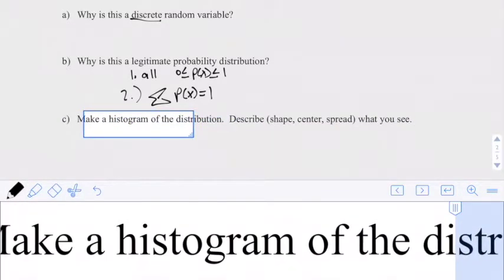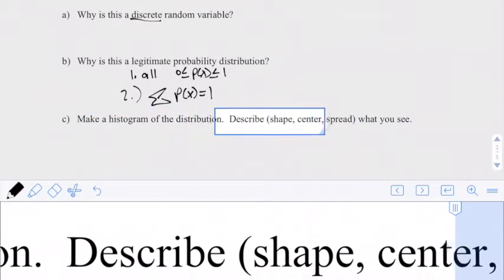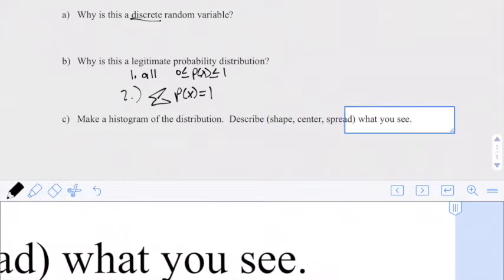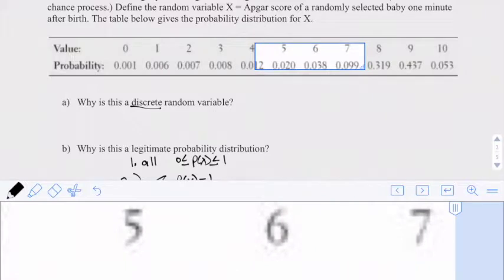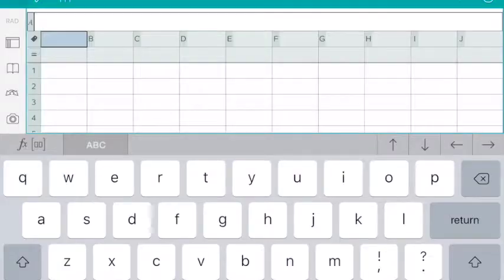Make a histogram of the distribution. Describe shape, center, spread, what you see. So, I'm going to use a calculator to do this because I don't feel like drawing it all out, but it would be pretty easy to draw.